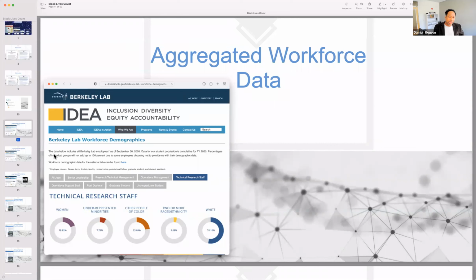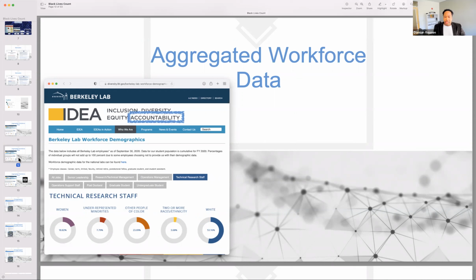So I think that really only strengthens and bolsters my call to disaggregate this data further. And I am engaging with our leadership and with the IDEA office, which is our Inclusion, Diversity, Equity, and Accountability office, to push for further disaggregation of the data.